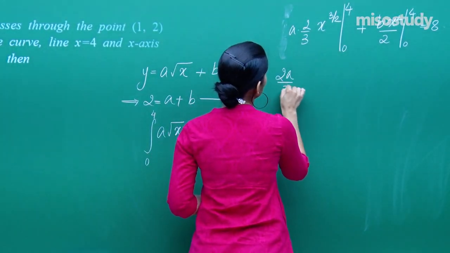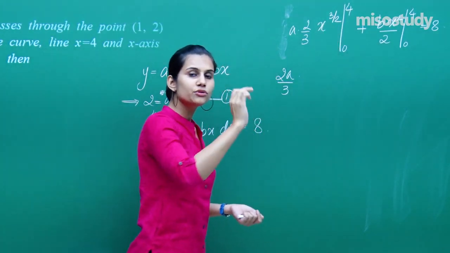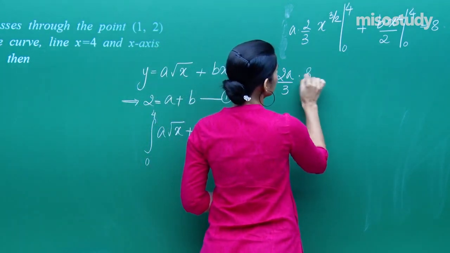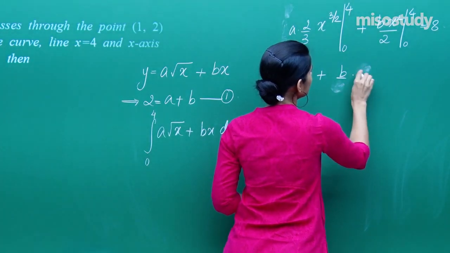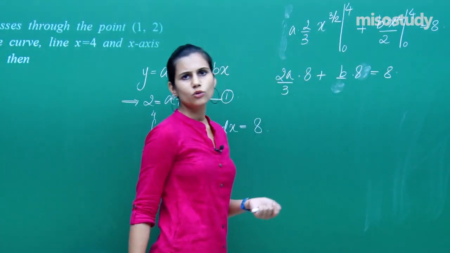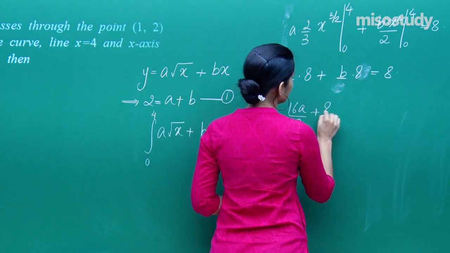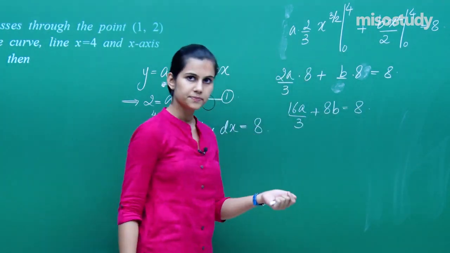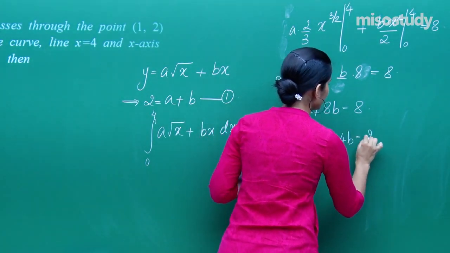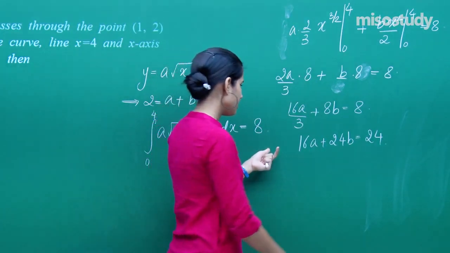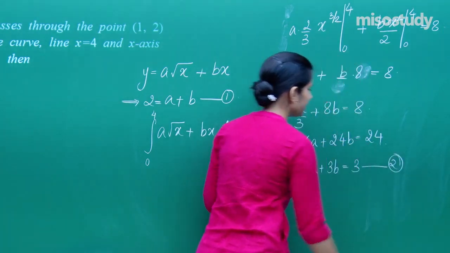So you have 2a by 3 times 2 square to the power 3 by 2, which is 2 cube, which is 8, plus b by 2 into 16. The lower limit 0 leaves nothing. This gives you 16a by 3 plus 8b is 8. Eventually you get 16a plus 24b equals 24. This gives you 2a plus 3b equals 3.